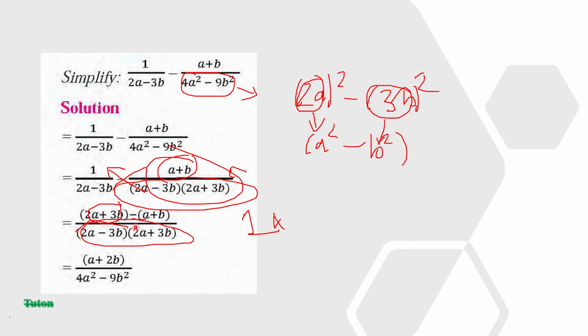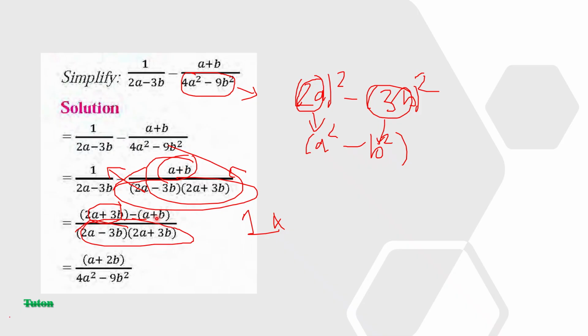And then you will divide the LCM term by the denominator of the second part. Then you will be left with 1, which will be multiplied with the numerator of the second part, which would be a plus b. 1 into a plus b would be a plus b.